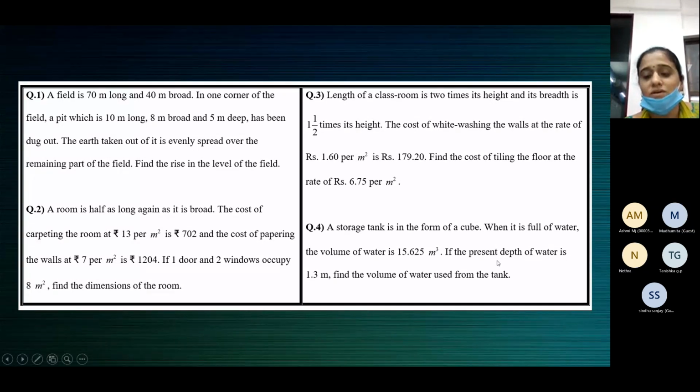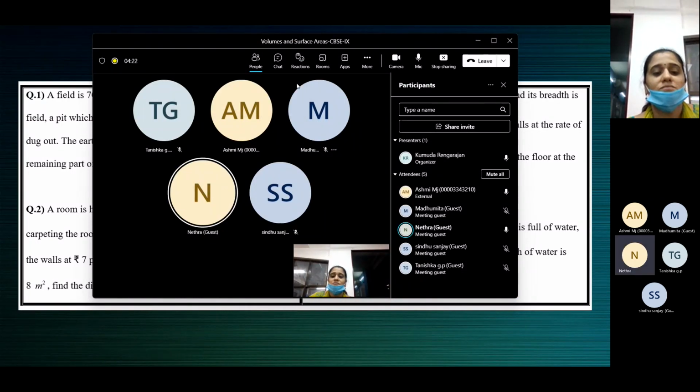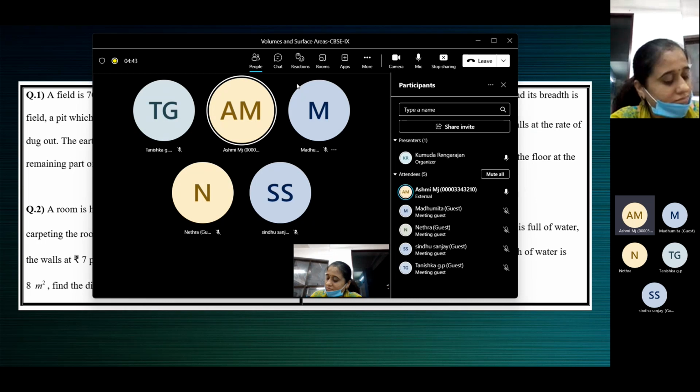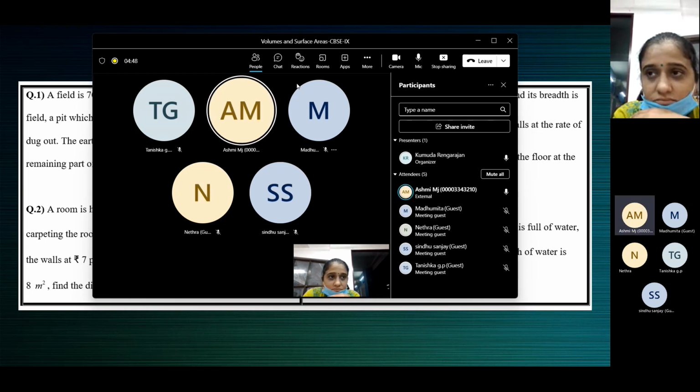Why is Netra online today? Ma'am, I came to my grandparents' house. So you're not in town. All right, fine. And Srijana, every time you ask me, if there is physical class but you're joining online, why are you not coming for the physical class? Next time I will go, ma'am. My father is not here, ma'am.